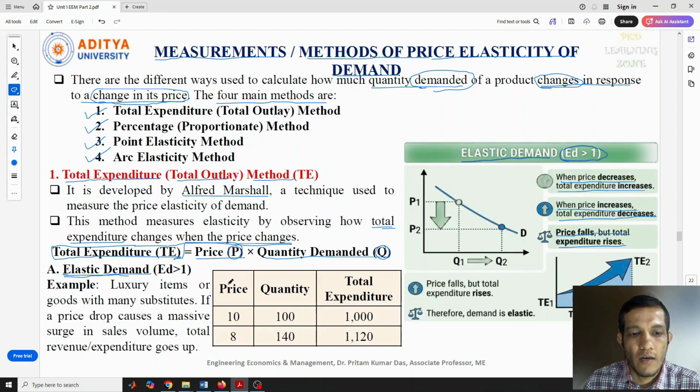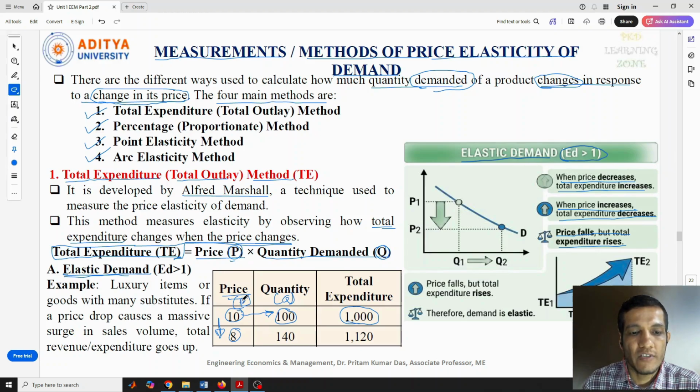Suppose the price of the product is 10 rupees, and it decreases from 10 rupees to 8 rupees. When the price is 10 rupees, 100 units are ordered. The total expenditure is P into Q, that means 1000 rupees here.